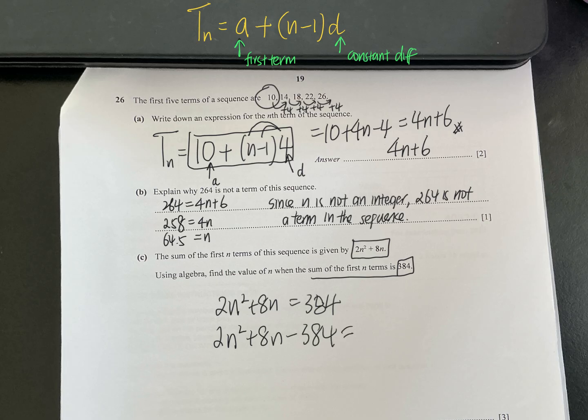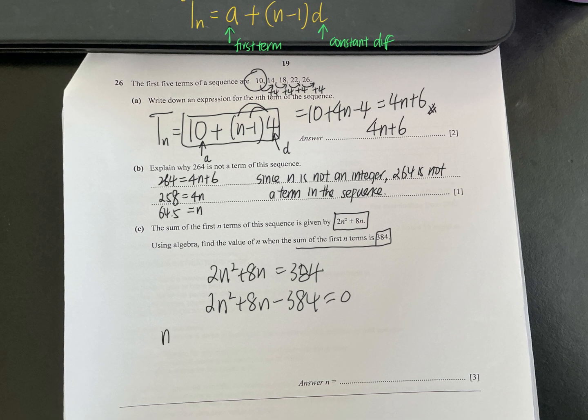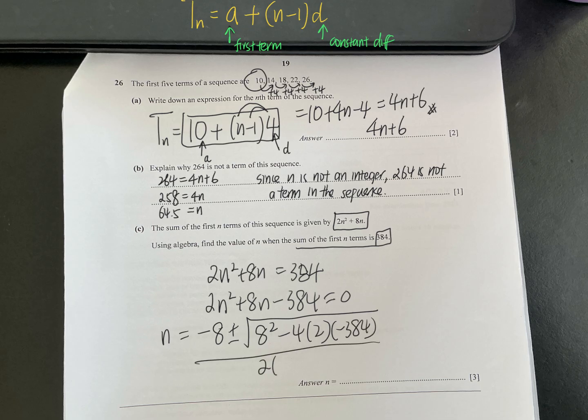When you have a quadratic equation, you can use the quadratic formula. Negative b plus minus square root of b squared minus 4ac, over 2a. So if you calculate, your n will be minus 16 or 12. So this one cannot be. You cannot have a negative term. So n must be 12.